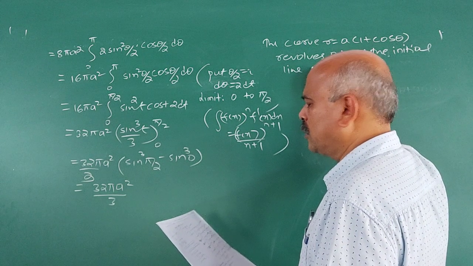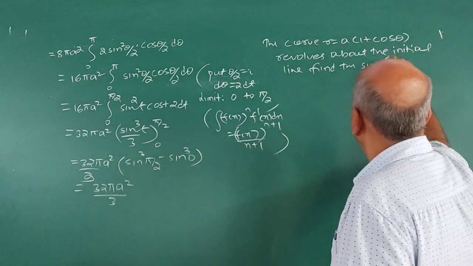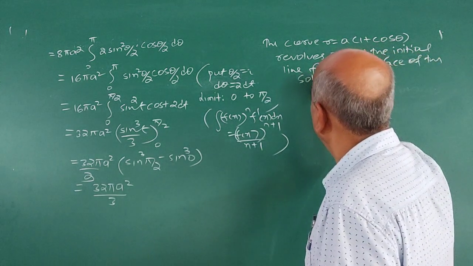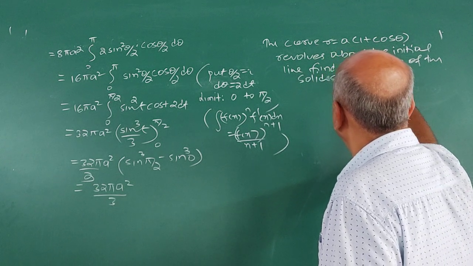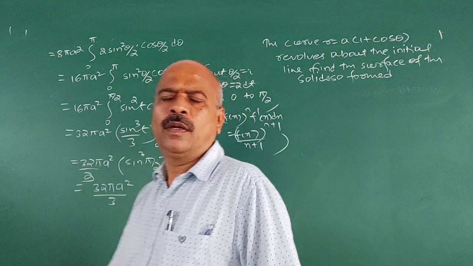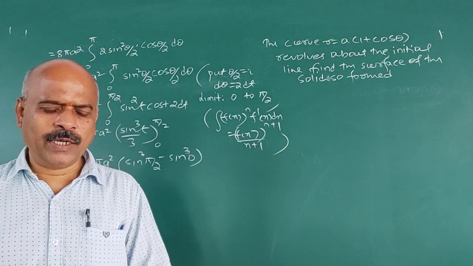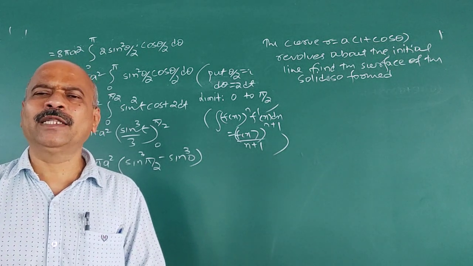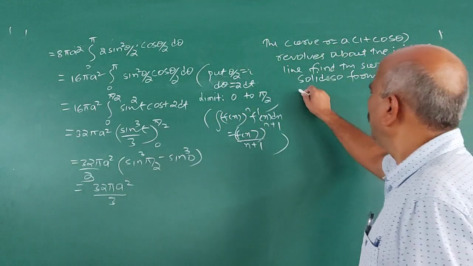Find the surface area of the solid formed. The curve is a polar curve, and for polar curves we have the formula 2 pi y ds by d theta, but ds by d theta is given by a different formula.